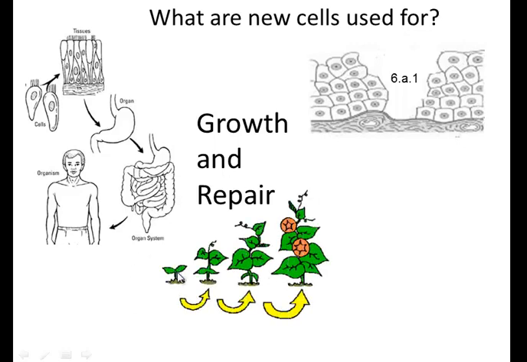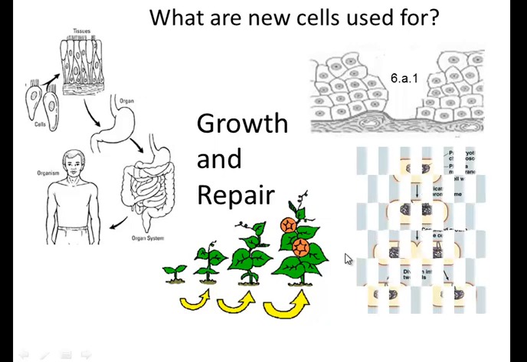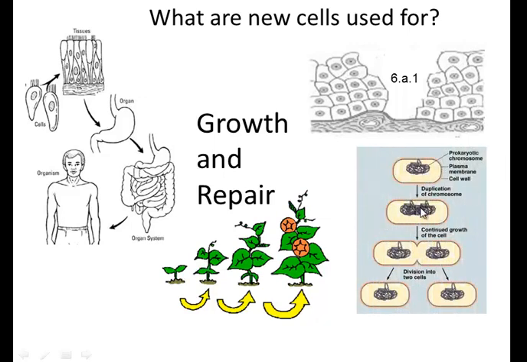For growth, where we get plants growing, or we get bacteria regenerating. You should have seen a slide on, maybe it's on the next slide, where the bacteria will actually make its looped DNA, copy it, move it over, pinch, and become 2 new cells.